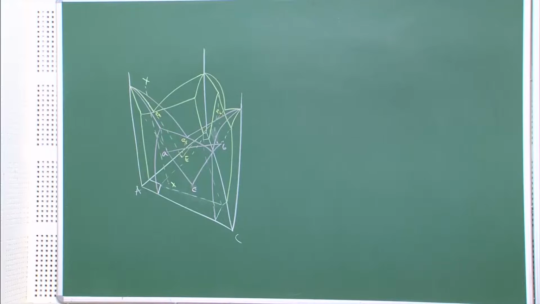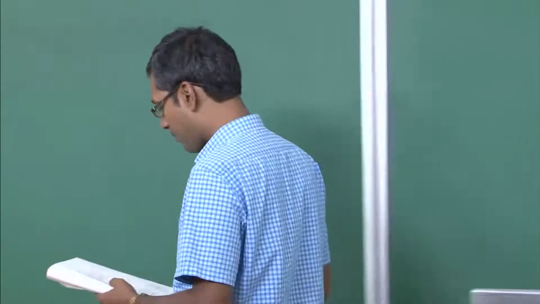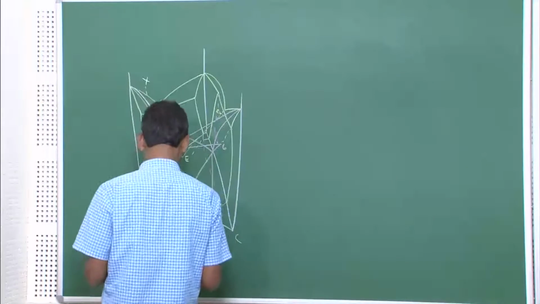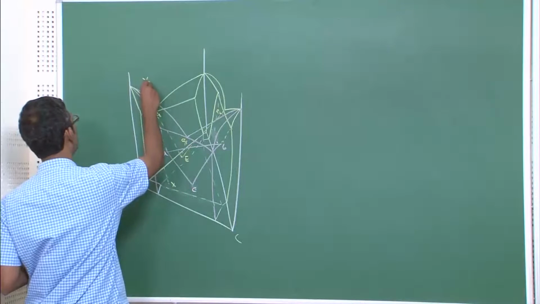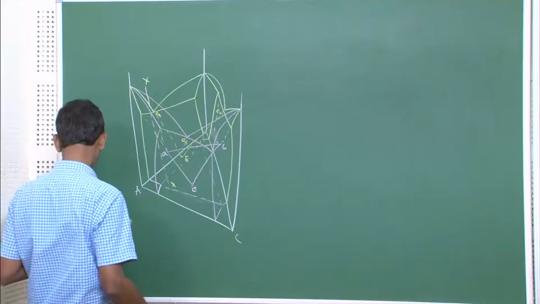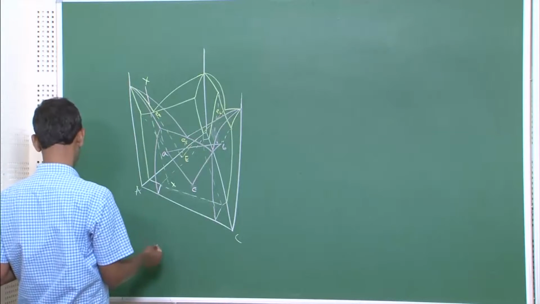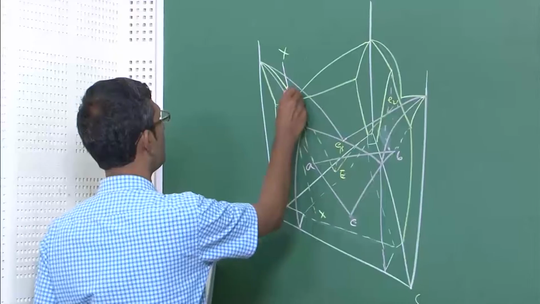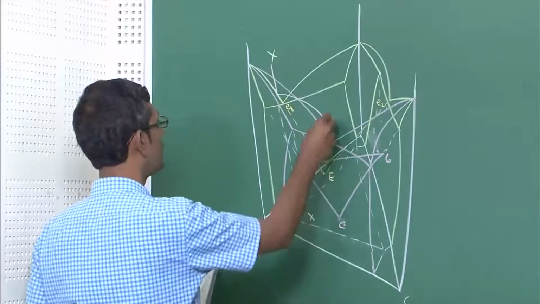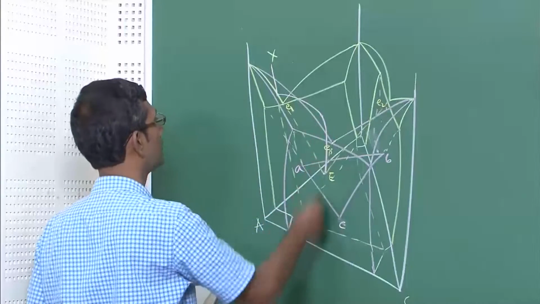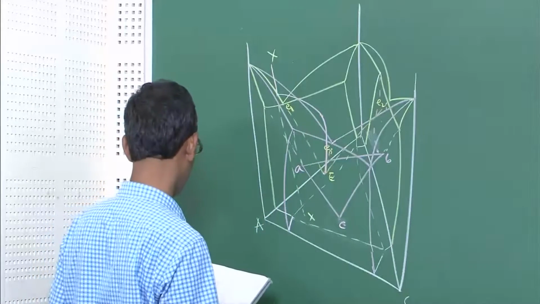Just I would like to tell you that I am teaching from this book of Alan's Prince, where figure number 181 is nicely shown things. So, obviously, as it goes down, it is going to touch the liquid surface here, and from then this is going to follow this route, and solidification will be over like this, correct.